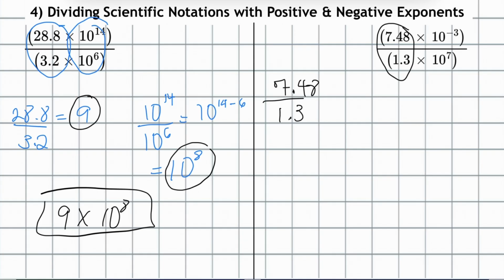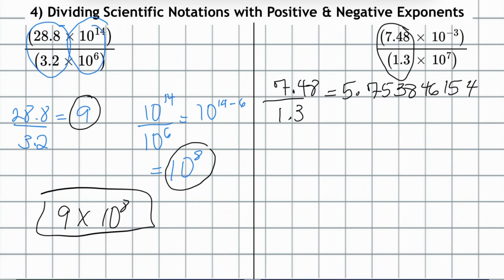That's going to give us a decimal of 5.75, 38, 46, 154. So that is a very long list of decimals.